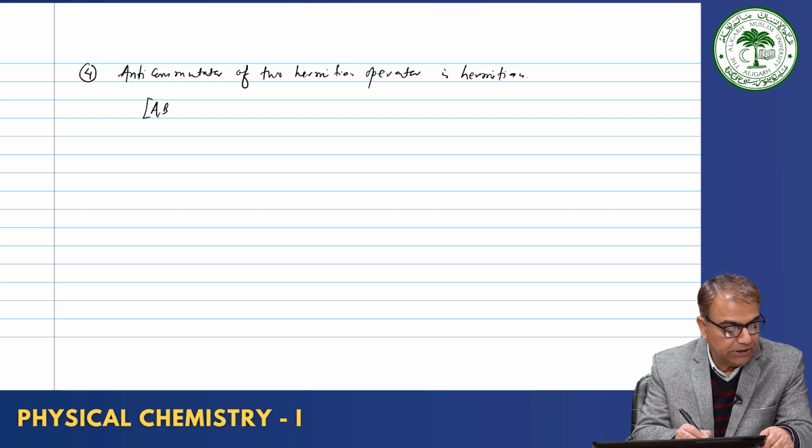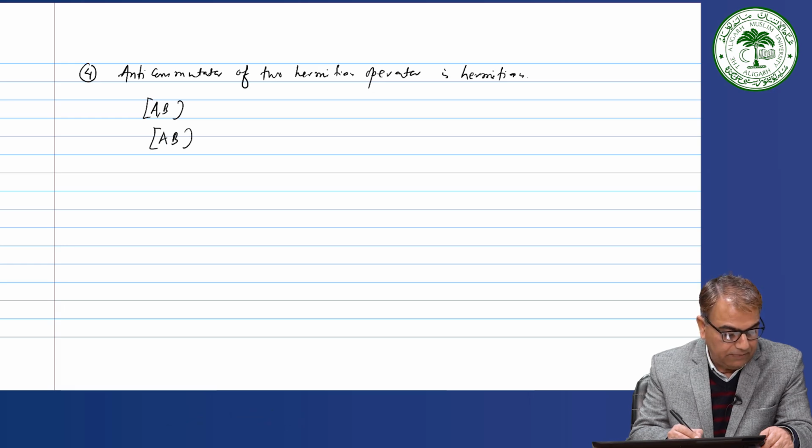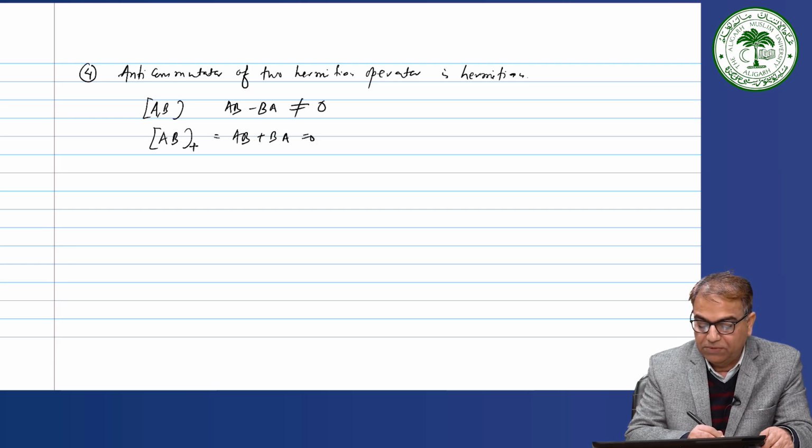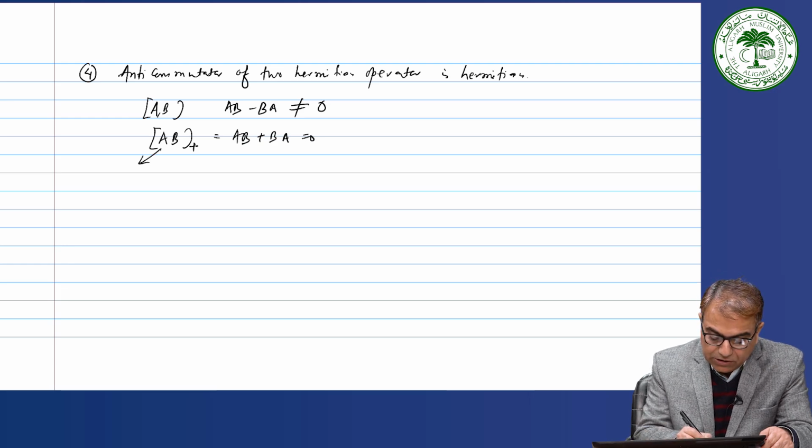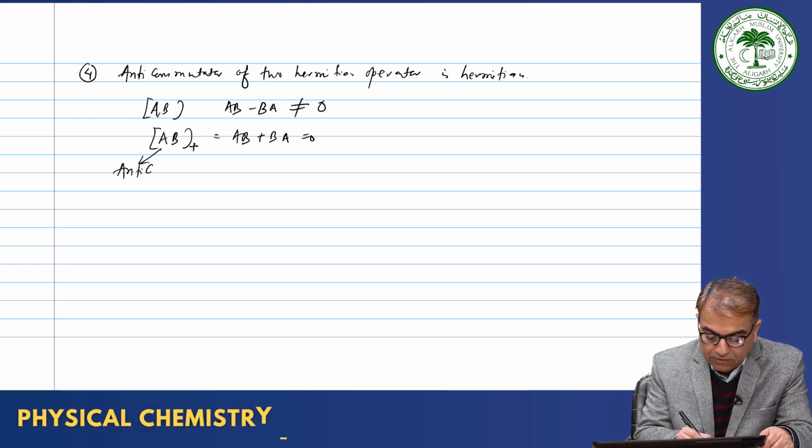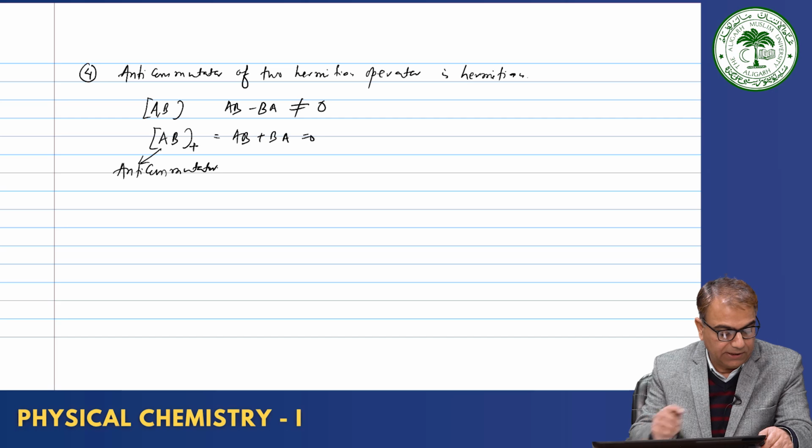[A, B] is the commutator and {A, B} is the anti-commutator.